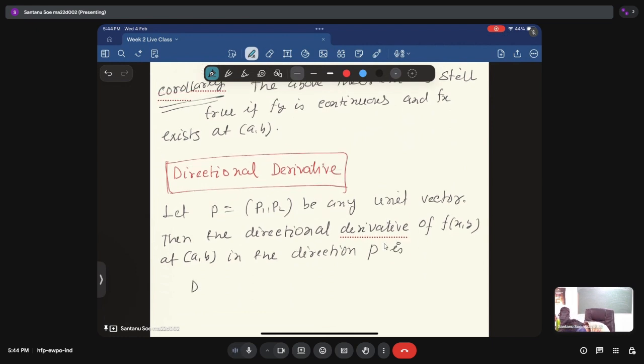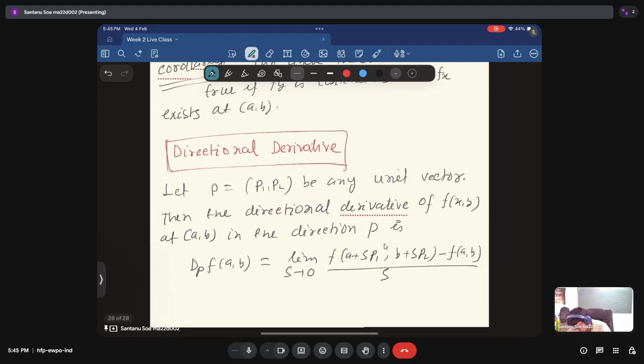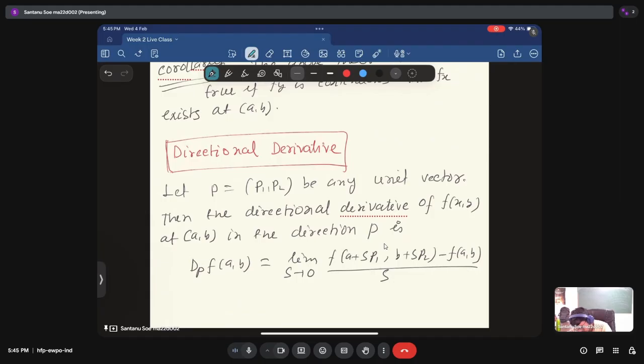denoted D_p f(a, b), and this is the limit as s tends to 0 of f(a + s p1, b + s p2) minus f(a, b), divided by s. Okay, so this is called the directional derivative.